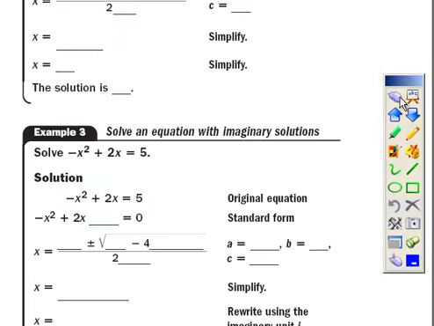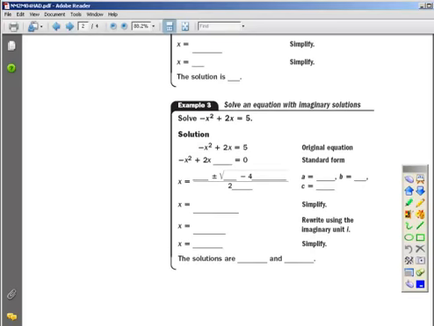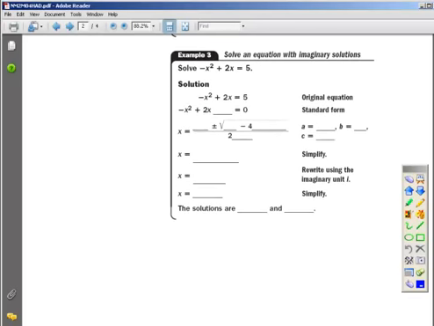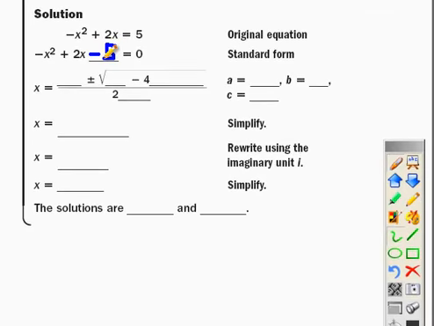Let's take a look at this next example, example 3 here. In example 3, I have to first get the 5 on the other side, first step. So I got 0. And if I look at my A in this situation is negative 1, my B is 2, my C is negative 5. Here we go again.